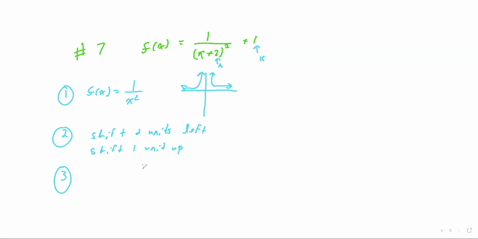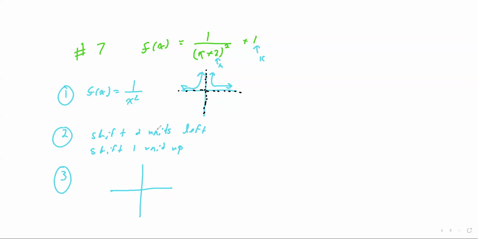3 asks you then to graph it. So just like in the previous one, there's like imaginary asymptotes here on the x and y axis, and I'm going to shift those asymptotes, and the branches will get moved with it.